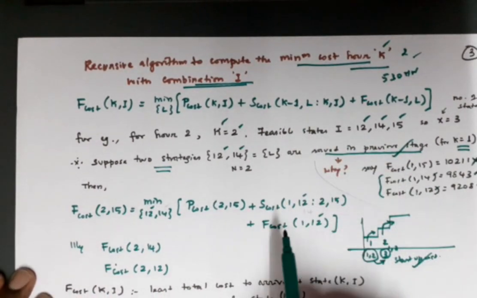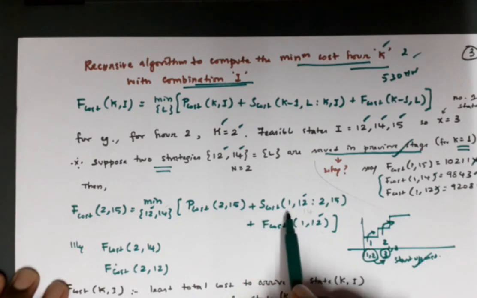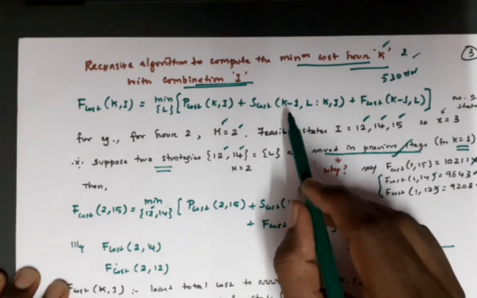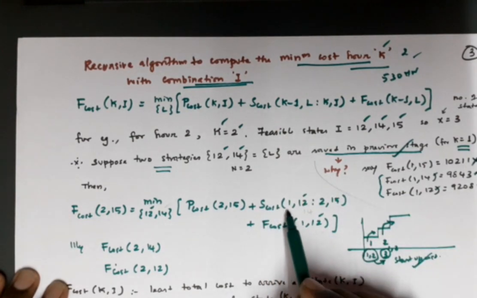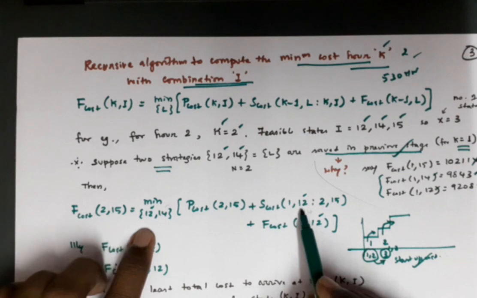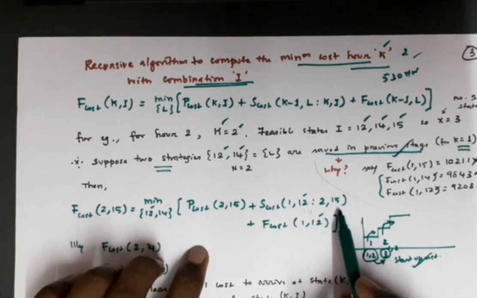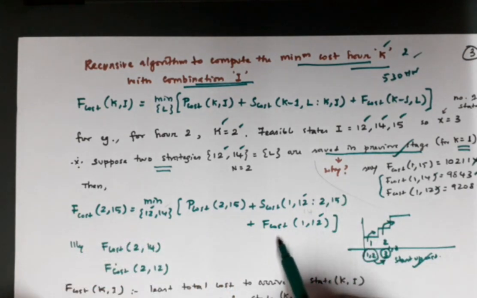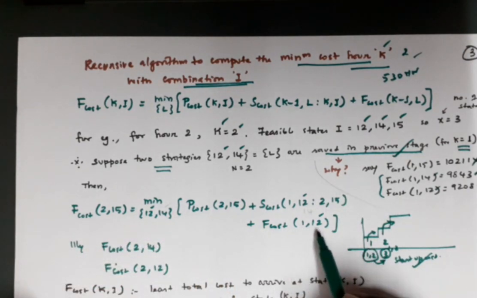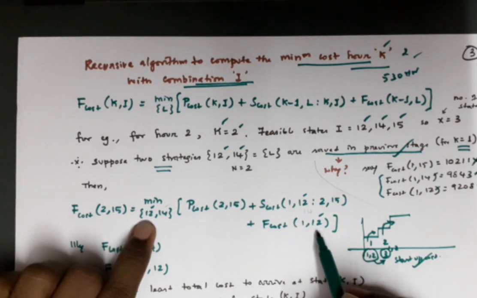So transition cost is S cost. In this case, k minus 1 means, if you are taking k equal to 2, the second hour, then 2 minus 1 is 1, the previous period. So first you substitute this 12, L is 12 here, in f of 2 comma 15, that is the P cost of k comma I, plus the fuel cost of 1 comma 12, that is the first hour, the 12th state.